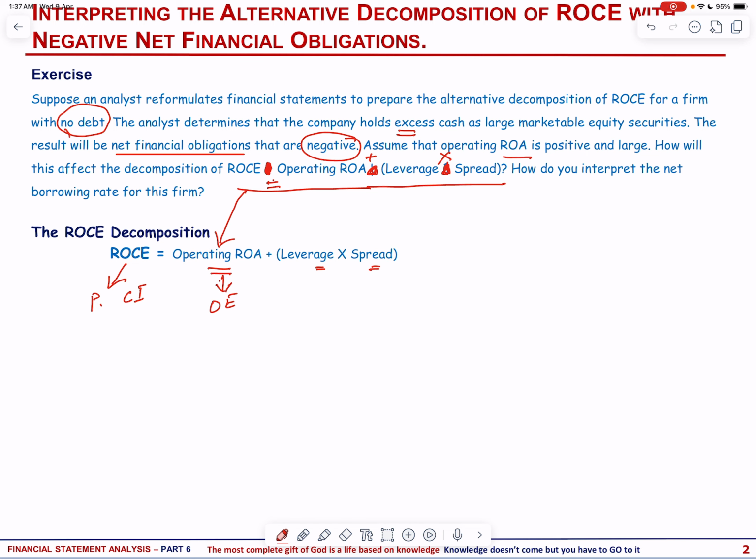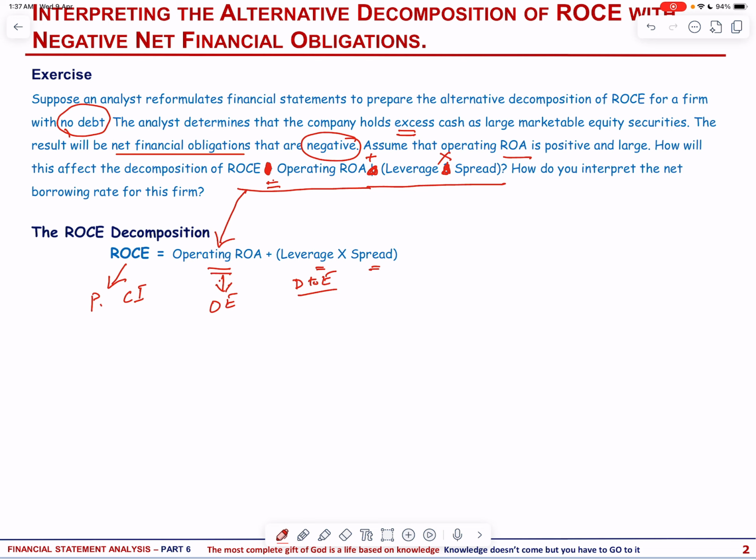Now coming to leverage, this represents the financial leverage, typically calculated as the ratio of debt to equity. And then finally, we have the spread, which is the difference between the return on financial assets, like interest on debts or investments, and the company's cost of capital or interest rate on debt.